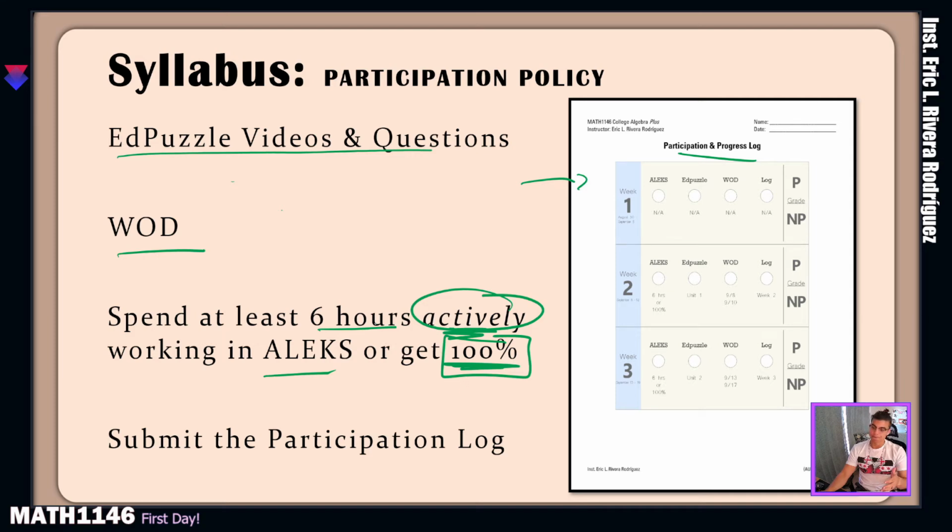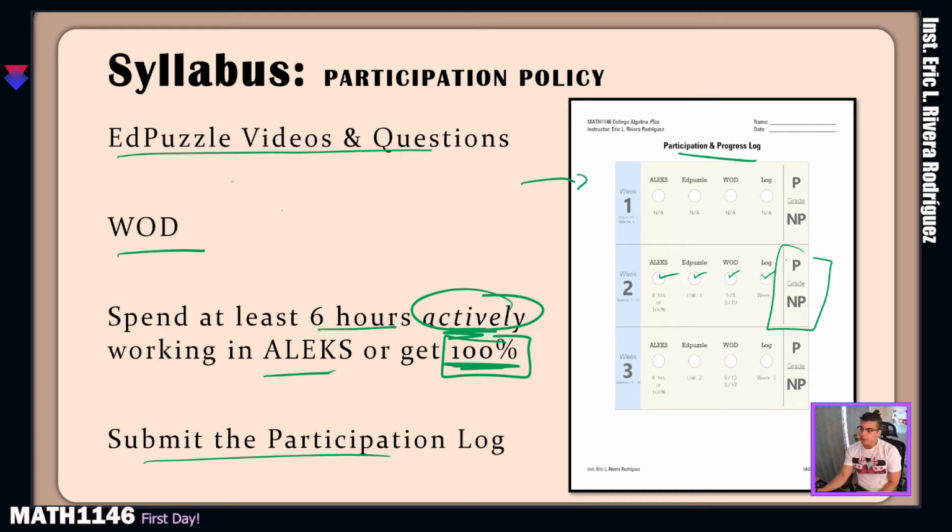All right. And the last thing that you are going to do is submit the participation log on the Monday of the next week. You are going to see that here we have 4 bubbles. So if you complete those, you are going to do a check mark and submit, and on the right side, you have P or MP, so you are going to grade yourself.